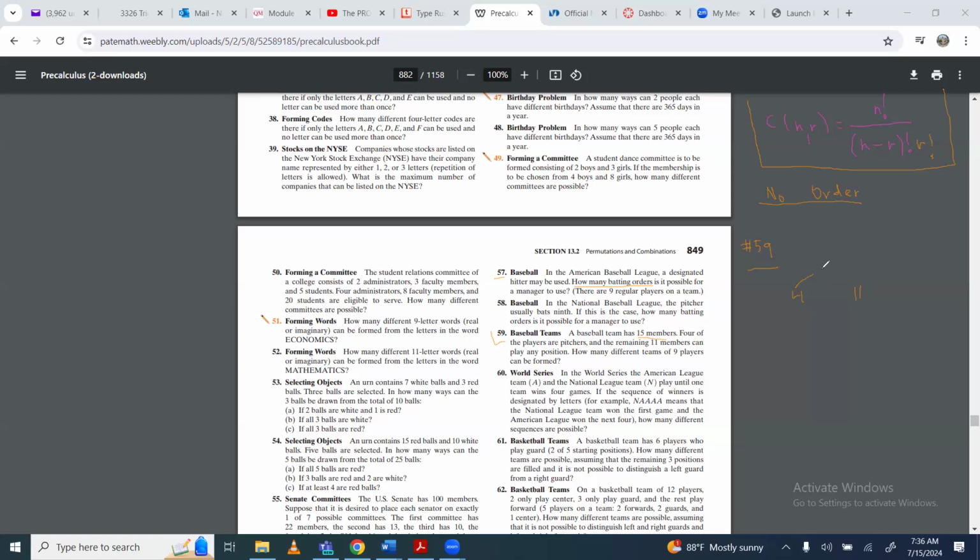That's how they give us a total of 15 players. Okay. So what they want is to produce a 9-player team that doesn't have any order.